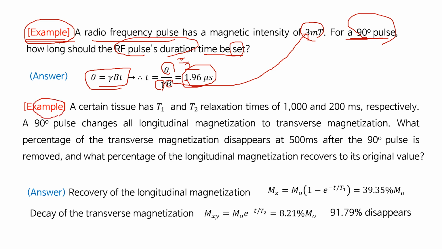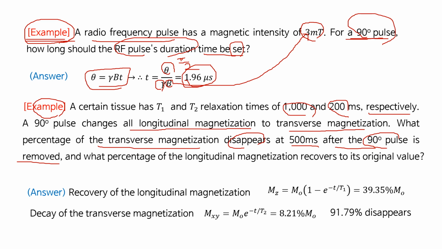Next example. A certain tissue has T1 and T2 relaxation times of 1000 and 200 milliseconds respectively. A 90-degree pulse changes all longitudinal modulation to transverse modulation. What percentage of the transverse modulation disappears at 500 milliseconds after the 90-degree pulse is removed? And at the same time, what percentage of longitudinal modulation recovers to its original value?